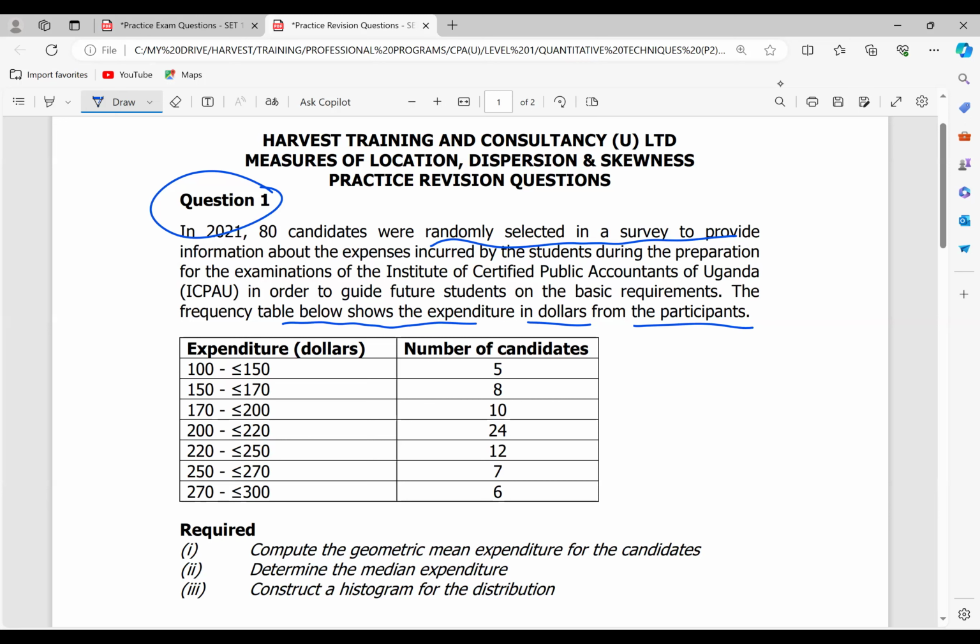So we have the expenditure, which we have agreed the sizes are not the same, because that would be 50, this is 20, I think this is 30, 20, 30, 20. So they are not equal.